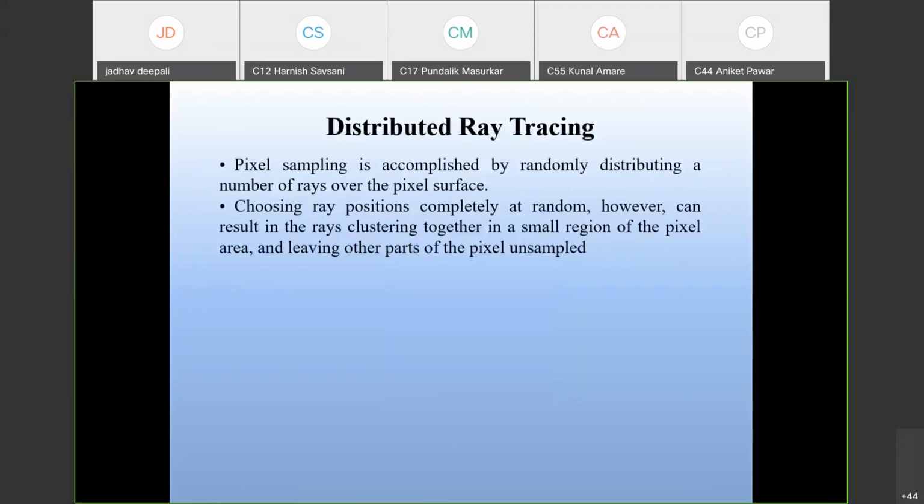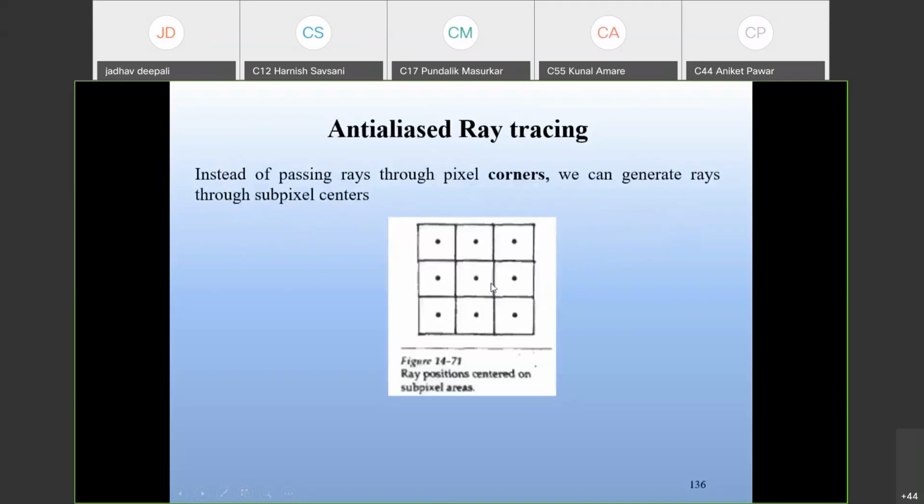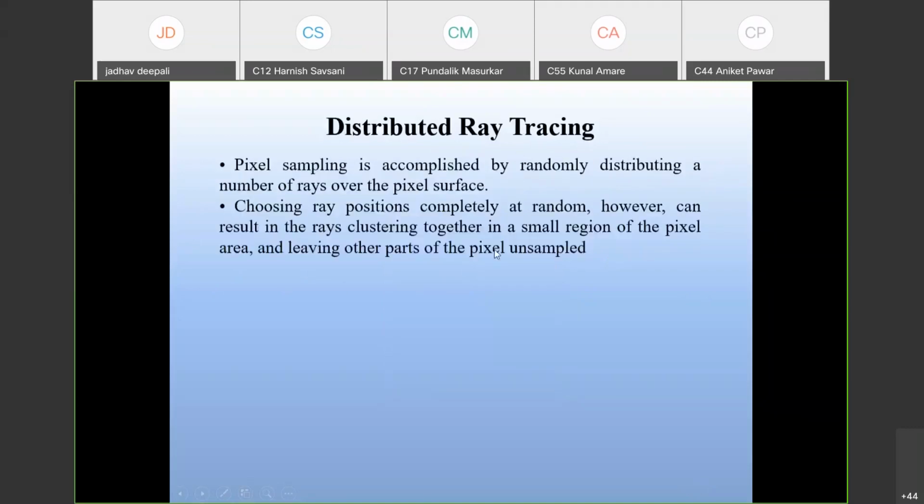Now distributed ray tracing. Pixel sampling is accomplished by randomly distributing a number of rays over the pixel surface. Choosing rays completely at random can result in the rays clustering together in a small region of the pixel area and leaving other parts of the pixel unsampled.